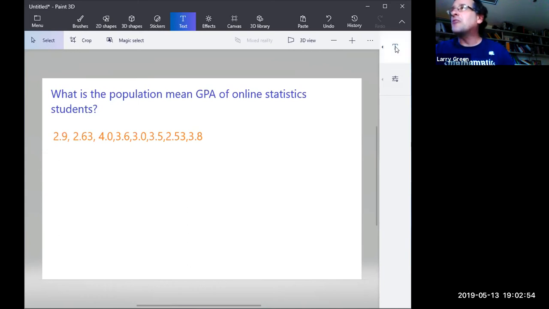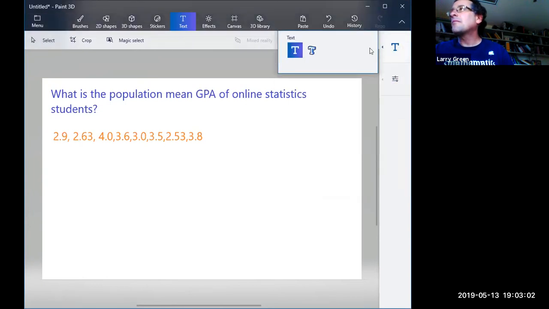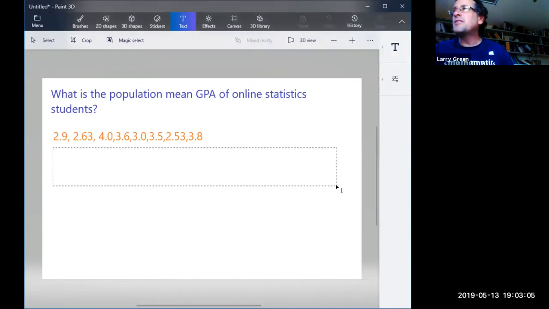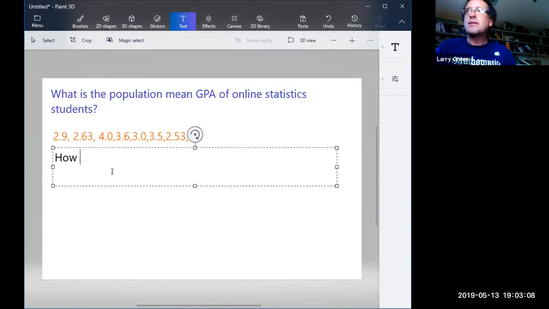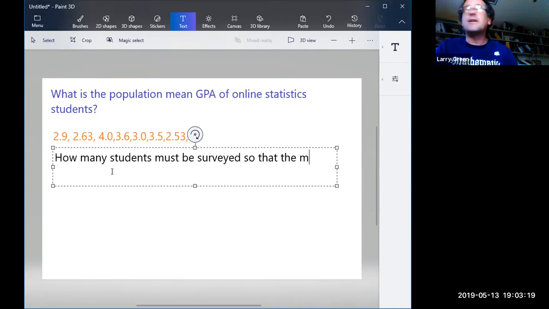So I have a new question. The question is, how many students must be surveyed so that the margin of error is no more than 0.1.